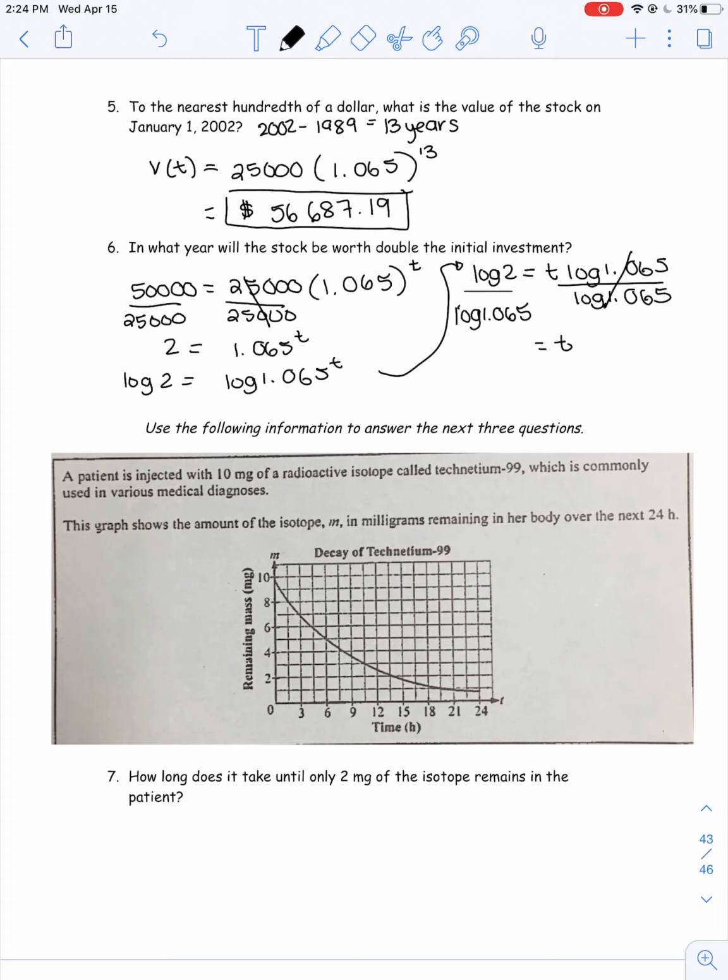So log of 2, we're dividing by log of 1.065, and we get that it is 11 years.